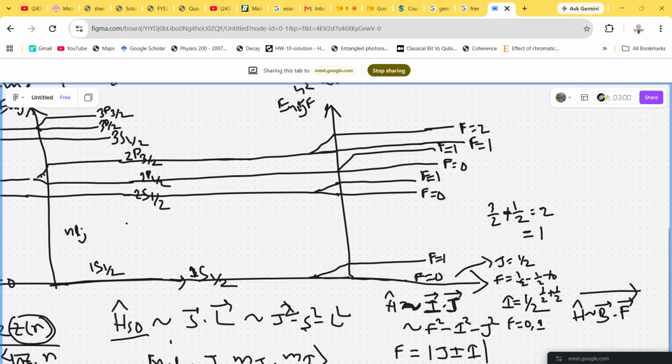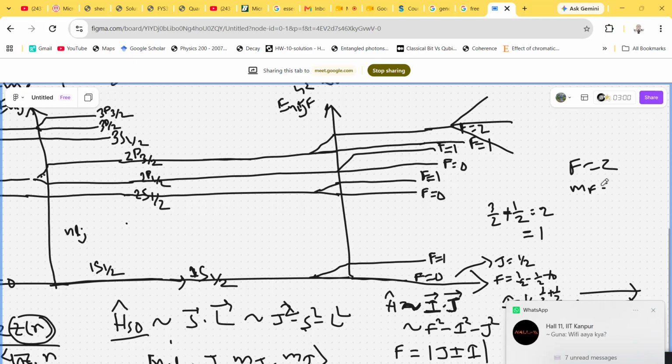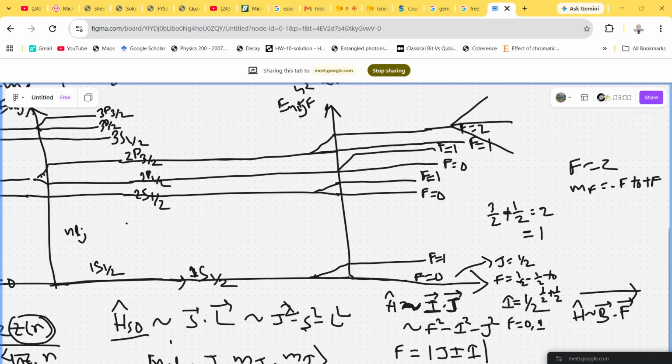Like suppose F equals 2, then MF can go from minus F to plus F: minus 2, minus 1, 0, 1, 2. Till now all the MF have the same energy, unless you apply an external magnetic field. But the moment you apply an external magnetic field B, all these MF will now break.